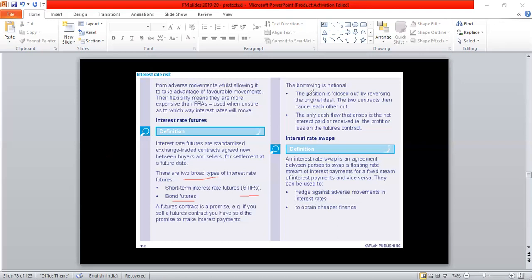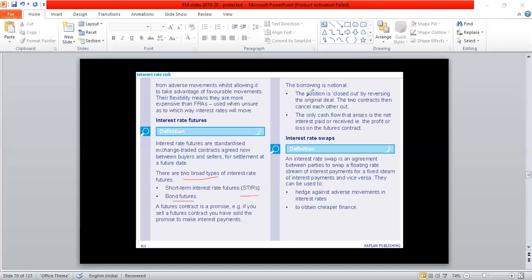Then they compare it with the prevailing interest rate. So if the buying rate is higher, he will pay the difference between the fixed interest rate and the prevailing interest rate. If it is not the case, the seller will have to pay the difference between the prevailing interest rate and the fixed interest rate included in the futures.